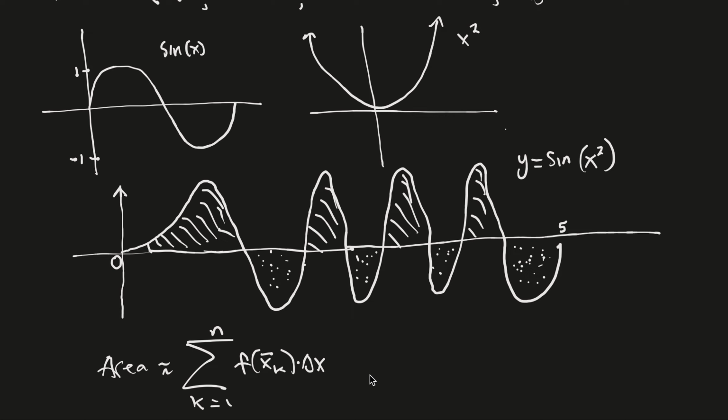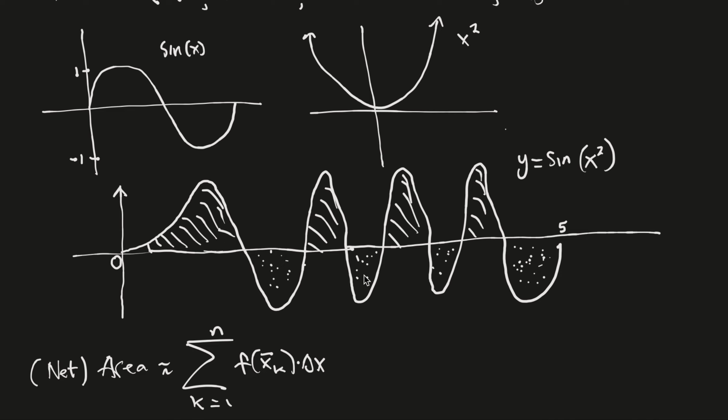And when you add them all together, it's not just an area where everything is positive. We would actually be computing the approximate net area. So if you add all these, the 4 peaks here at the top are going to contribute positive values.